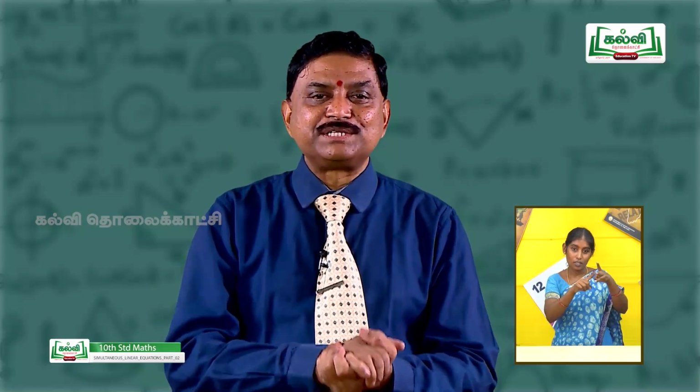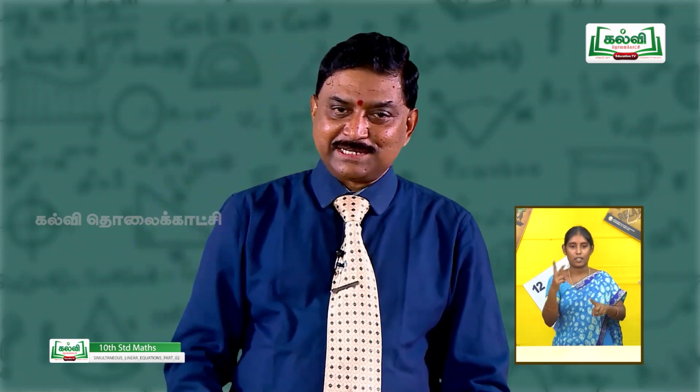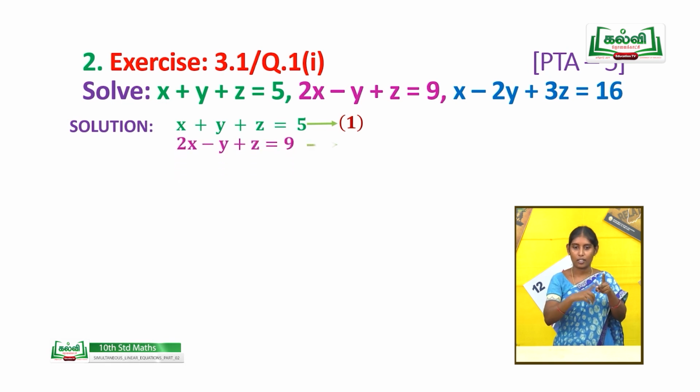Now, which 2 equations do we have to see? First 2 equations let us take. You see in both the equations the coefficients of y are 1. So either you can cancel the y or you can cancel the z easily.